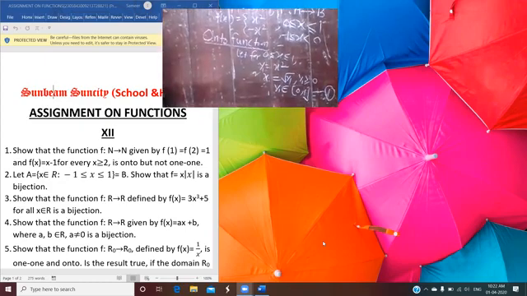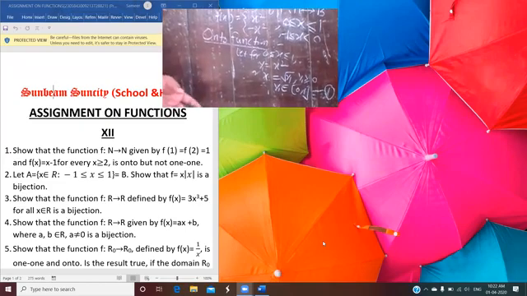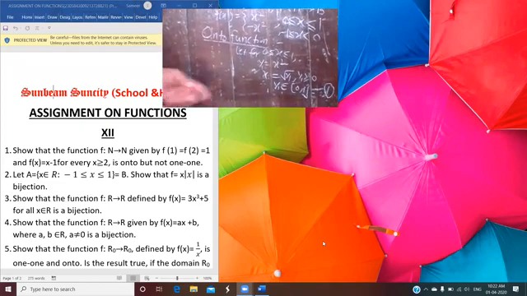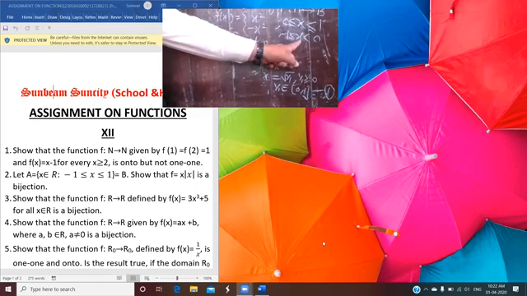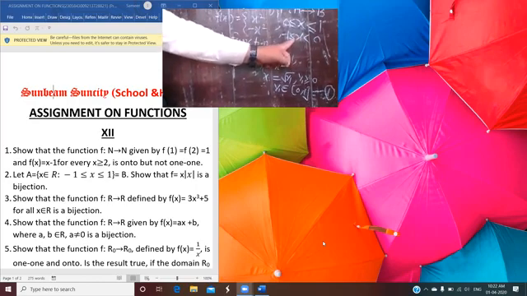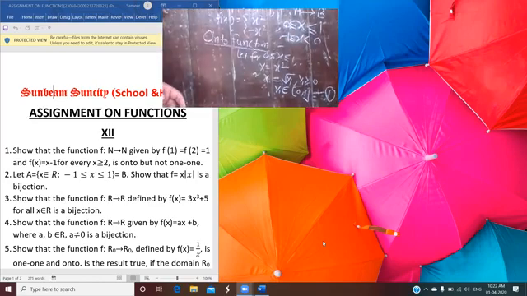Now, if you come to the second point, the domain is decided as x greater or equal to -1 and less than 0.